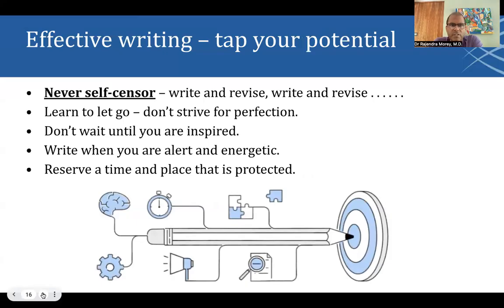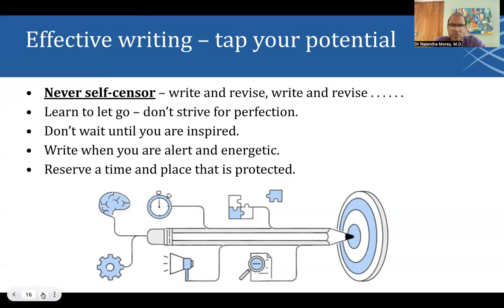Never, ever self-censor when you write. This is a cardinal rule that I like to emphasize. So just write it down, don't self-censor, and then revise it, and then write some more and revise it, and then it'll get better at each revision. So learn to let go, don't strive for perfection. Also, don't wait till you're inspired. You don't need to be inspired.